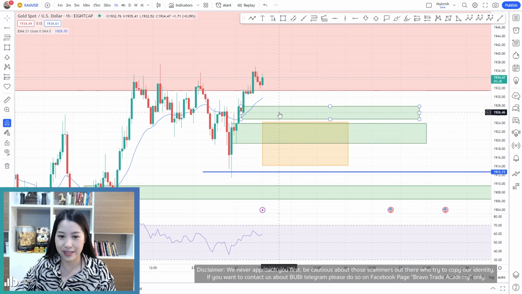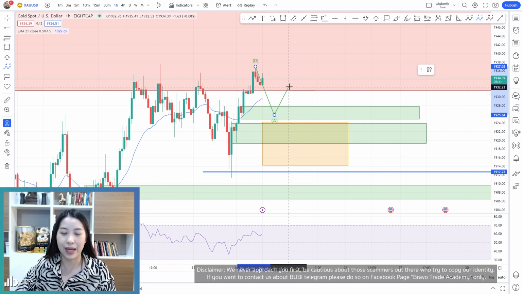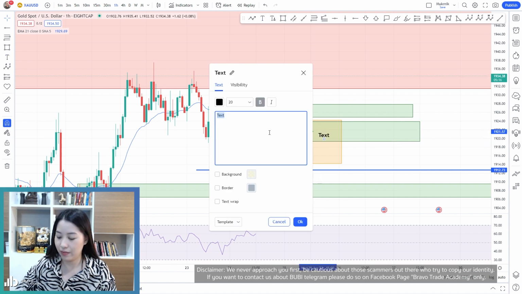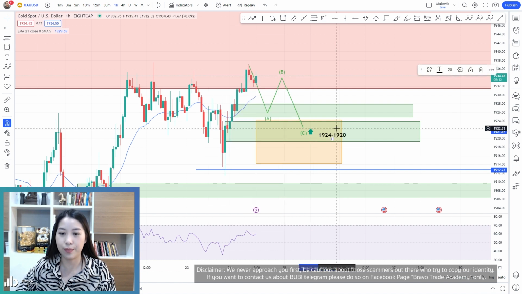So at this point, I would want the chart to make some kind of this pattern, okay? And we will be buying at around 1924 to 1920. 1924 to 1920. This one is going to be a long plan.